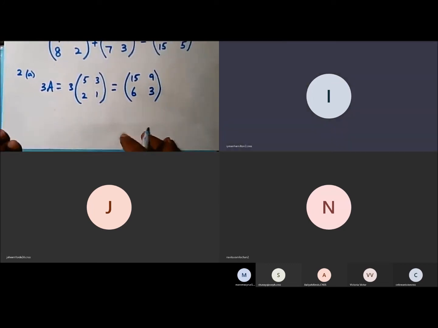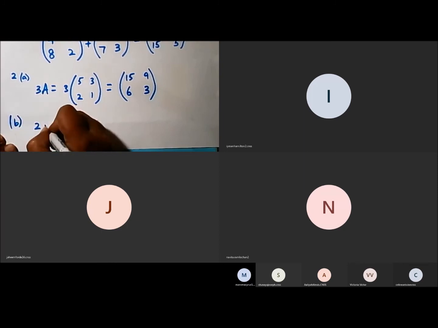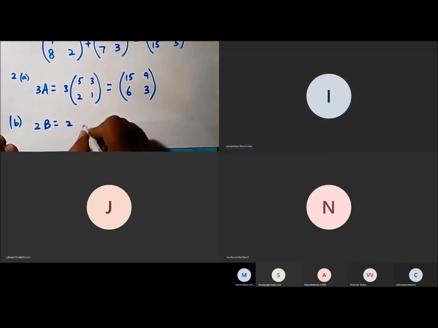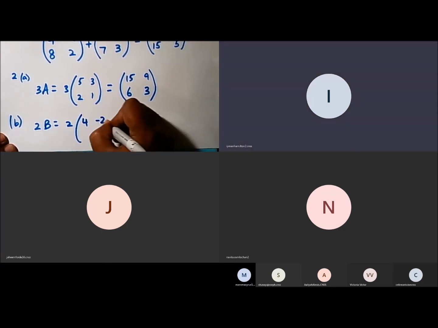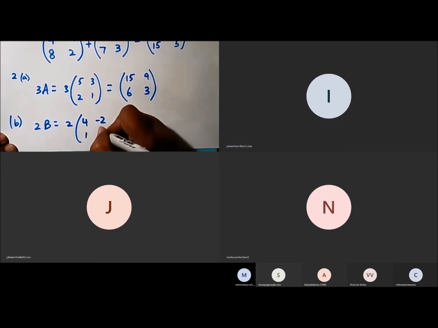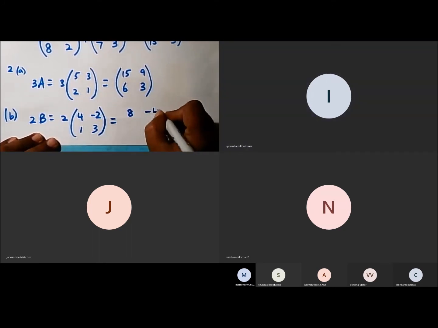We have 2B to work out. That's part B. 2B is equal to 2, B is 4, minus 2, 1 and 3. Okay. 2 4s are 8. 2 times minus 2 is minus 4. 2 times 1 is 2. 2 times 3 is 6.